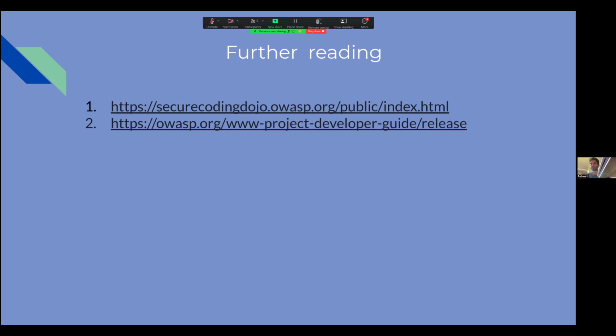For further reading, OWASP is a must for all security folks to understand what secure coding is. It has developer guidelines to write secure code, and Secure Coding Dojo is another OWASP project, with small hands-on tutorials to learn about input validation, input sanitization, and a couple of things like that.